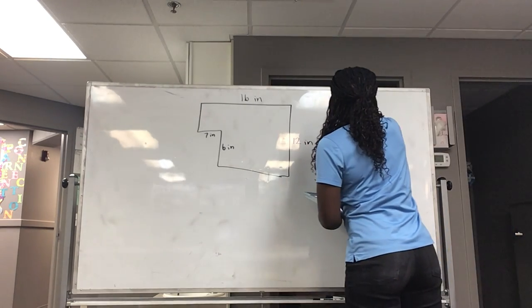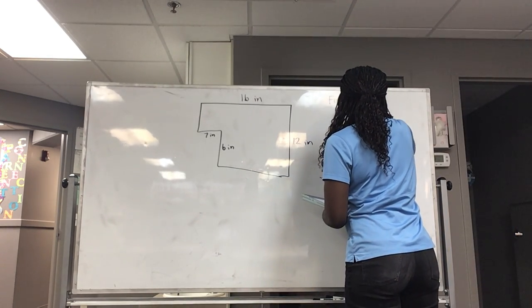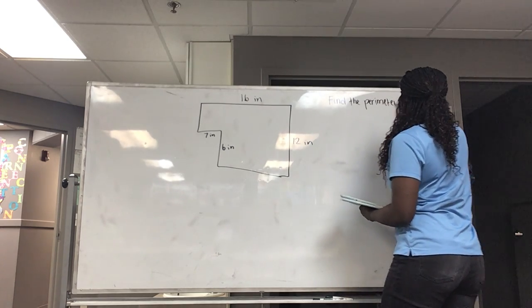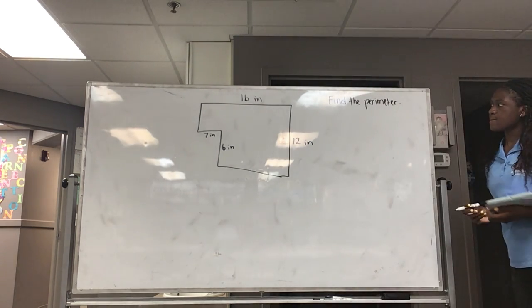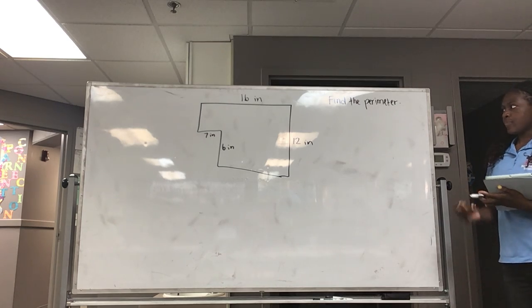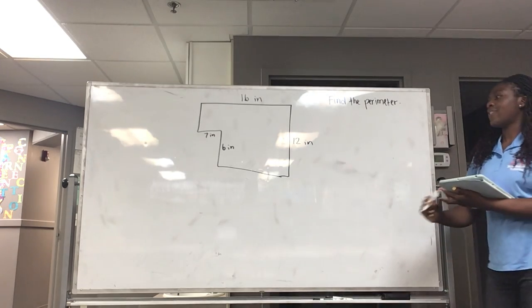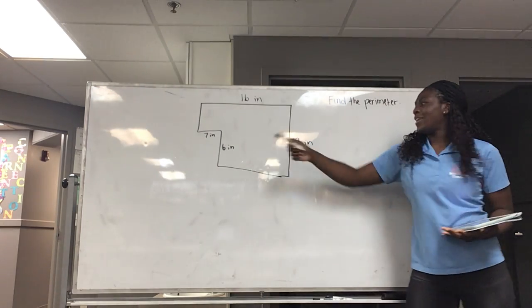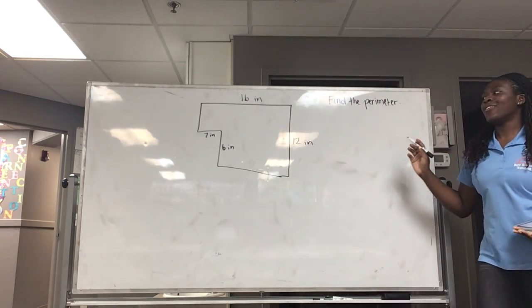But same thing, I'm going to have you guys find the perimeter. Just to clarify, the 7 inches is the horizontal one, and the 6 inches is the vertical one.